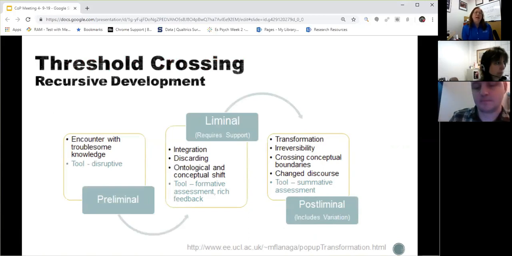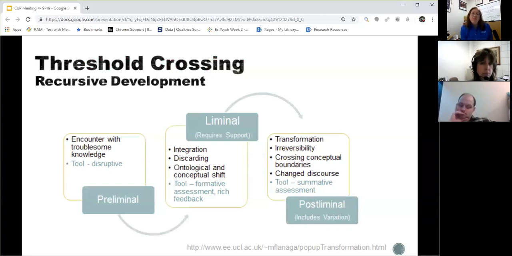And they're going to hopefully either integrate new information or discard old ideas for new ones. This is the part where, as instructors, we need to come up with tools that will help them cross the threshold. We need to give them a lot of feedback, and we need to have some formative assessment going on so we know where they are.